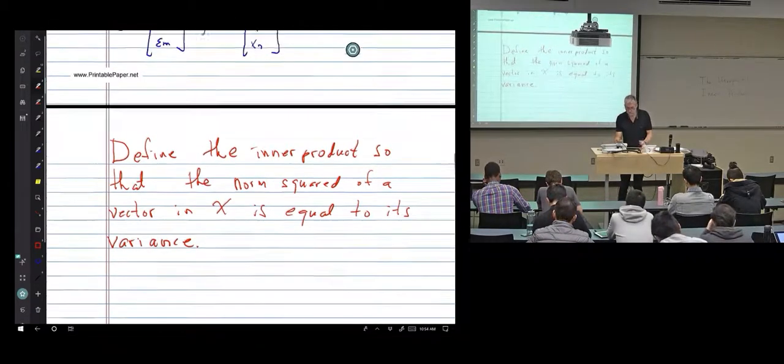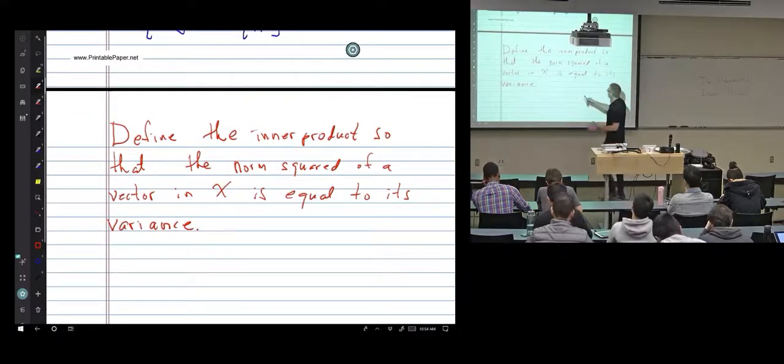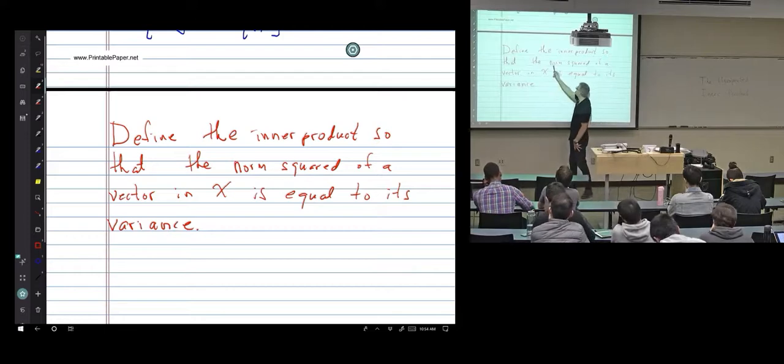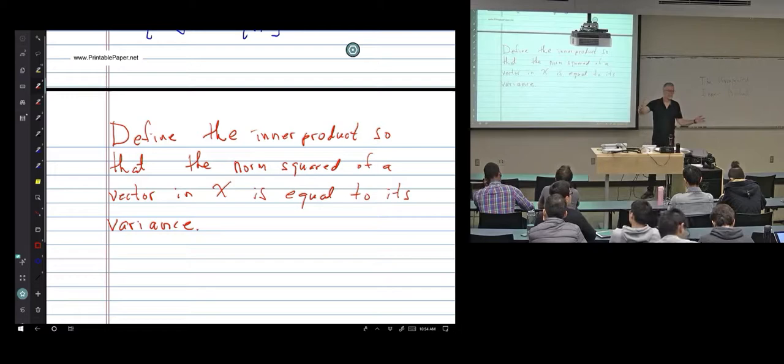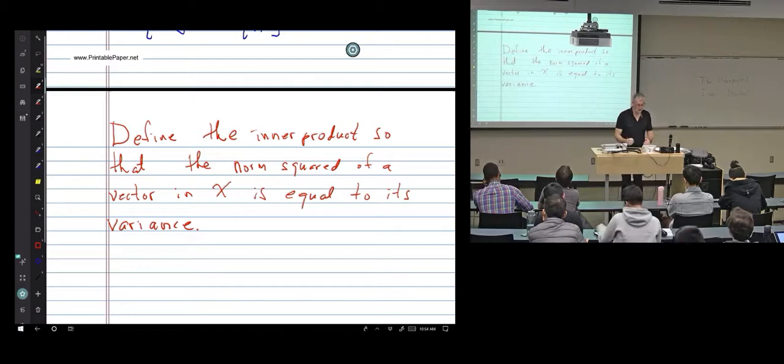So if I can put an inner product so that the induced norm is equal to the variance, okay, the square of the norm is the variance, then when I do minimum variance problems, I just do best approximation problems in this inner product space, and I get everything from the normal equations. Everything follows from the normal equations.